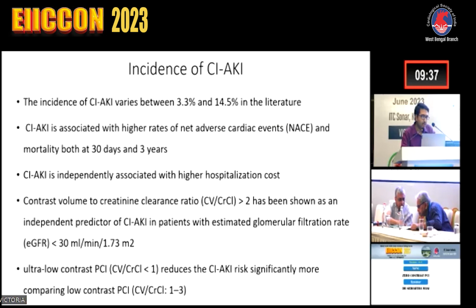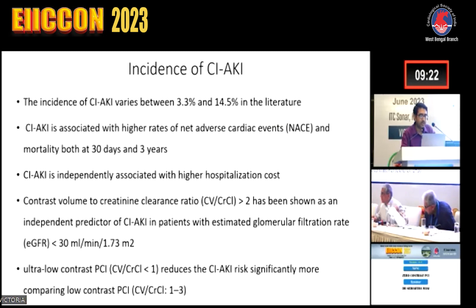Now, how can we determine the risk? That is very closely associated with the contrast volume to creatinine clearance ratio. If the contrast volume to creatinine clearance ratio is more than 2, it has been shown to be an independent predictor of this complication, CI-AKI, particularly in patients who have a compromised eGFR of less than 30 before the procedure.